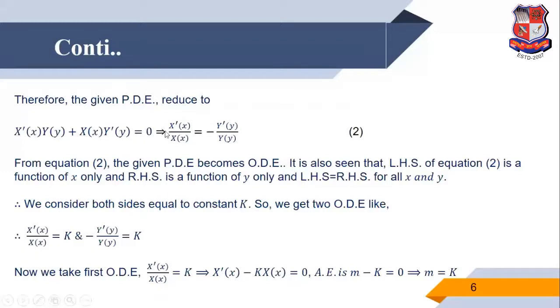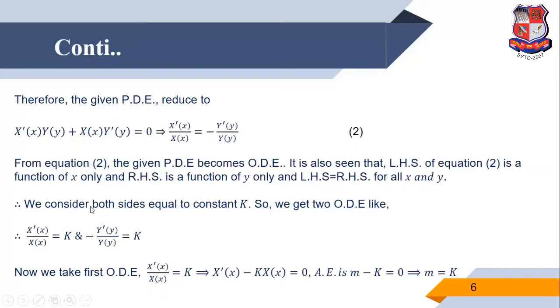It is also seen that the left hand side of equation 2 depends only on x, and the right hand side depends only on y, and the left hand side is equal to the right hand side for all values of x and y.